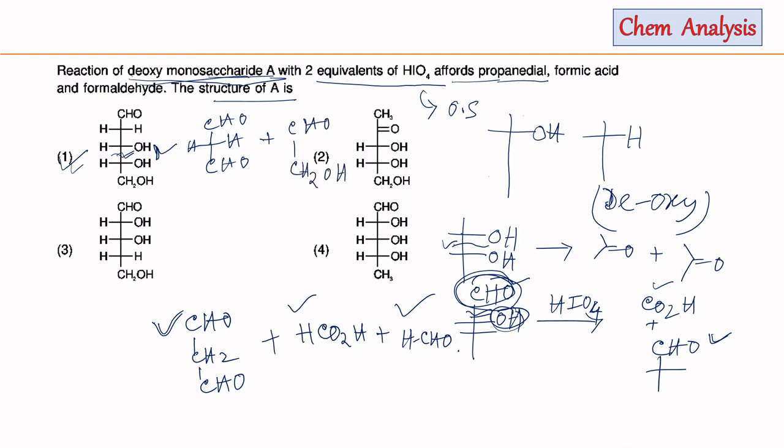And as I told, if there is CHO at the carbon adjacent to a carbon bearing OH, HIO4 will also cleave that bond and the CHO group will be converted to carboxylic acid, and this will be HCHO. So we can see that this monosaccharide by treatment with 2 equivalents of HIO4 is yielding the given compounds, that is propane dial, formic acid and formaldehyde. So we can easily say that the correct structure of A is this one.